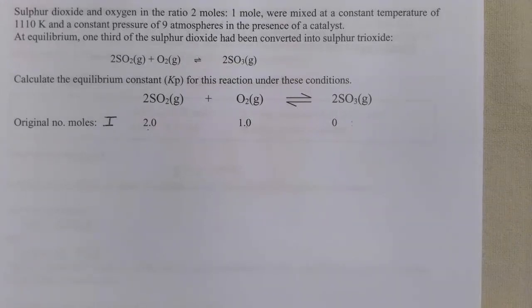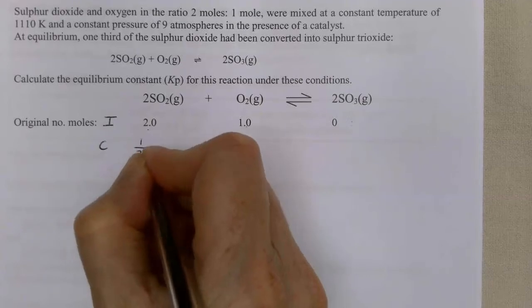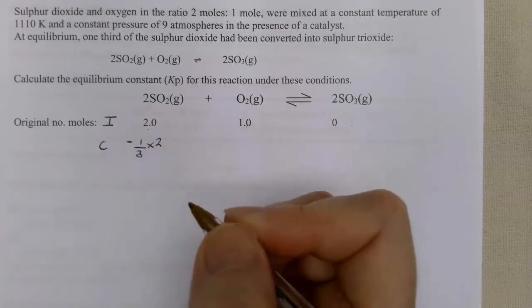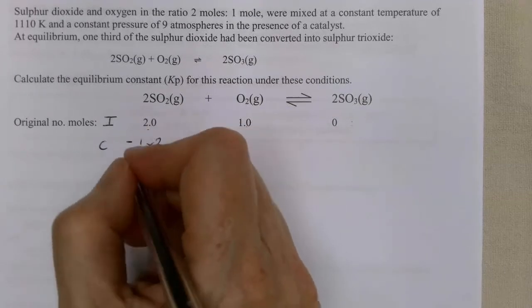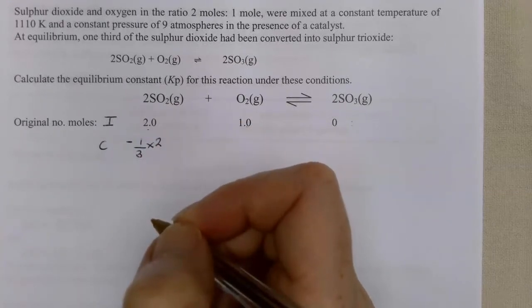Now we're told in the question that 1/3 of the sulfur dioxide had been converted. So our change is 1/3 of the 2. In other words, that is a minus that value because we are reducing the amount of sulfur dioxide.